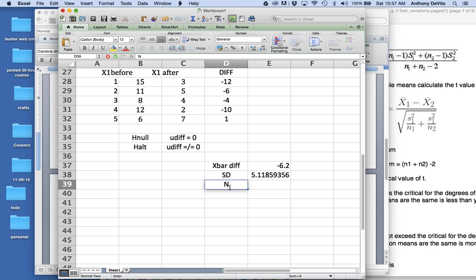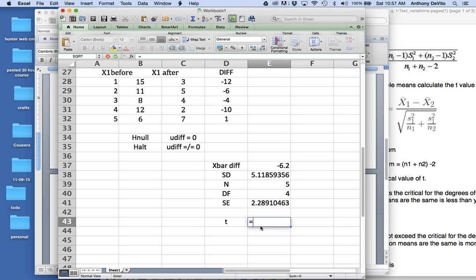The sample size is 5, and the degrees of freedom is 4, which is 1 minus that. My standard error, which I need to calculate my t-score, is the standard deviation divided by the square root of the sample size, which is 2.89.